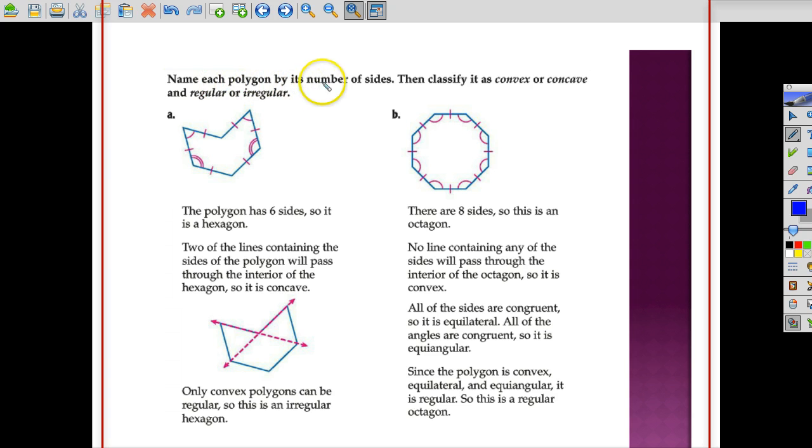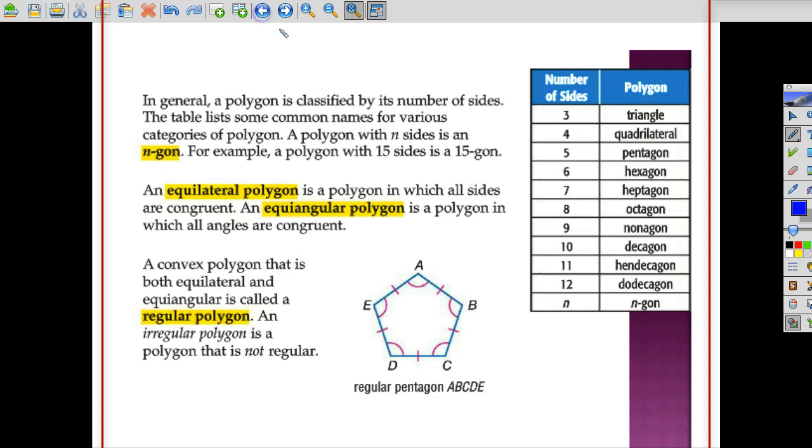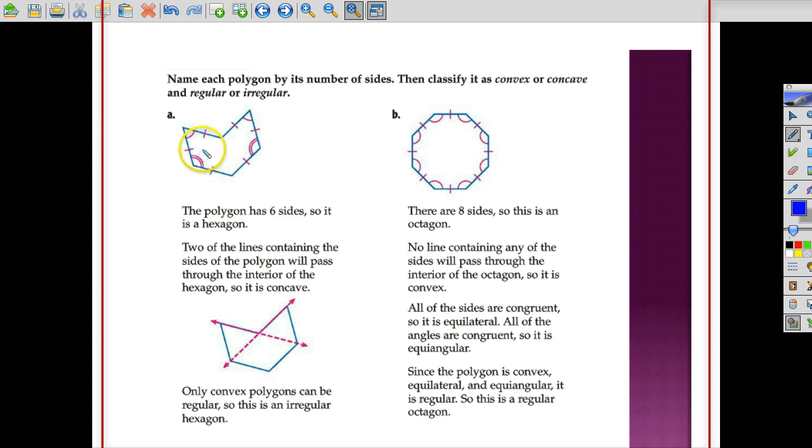Name each polygon by its number of sides, then classify it as convex or concave, and regular or irregular. Here it's caving in, so it's concave. But first, name each polygon by its number of sides. Go back and look at the table I just showed you. Count the sides: 1, 2, 3, 4, 5, 6. Six sides, it's called a hexagon.